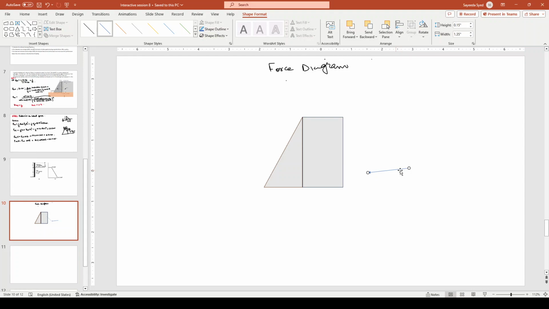Okay, same goes here. Let's take this as our datum in the vertical direction and base as the datum in the horizontal direction. And we will also be calculating the distances.